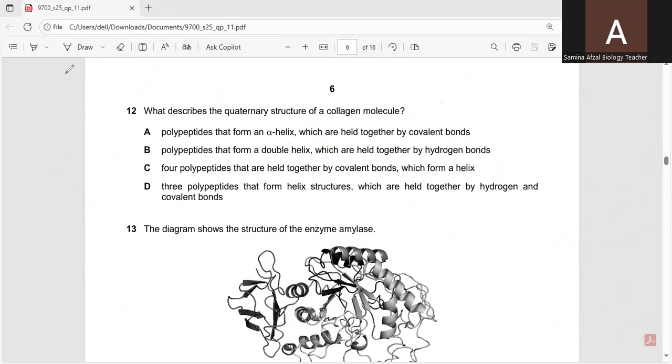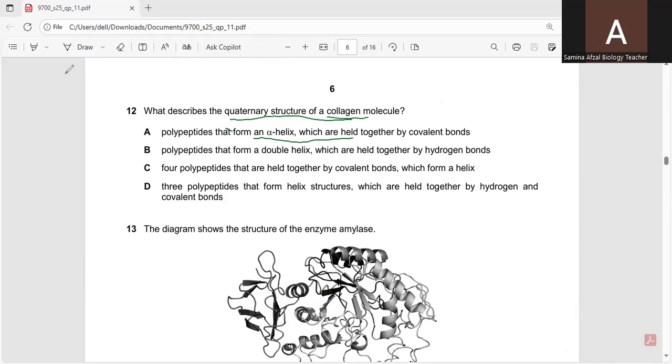A polypeptide that forms an alpha helix which is held together by covalent bonds. Collagen molecule quaternary structure is not made up of a single chain. So this alpha helix is a single chain in which covalent bonds are joined together.